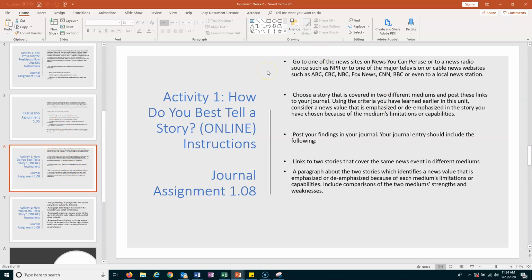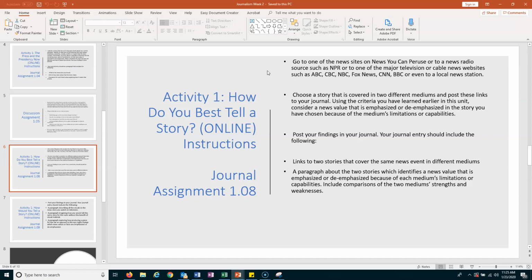You are going to go to the news sites, such as NPR for news radio, or major television and cable news websites such as ABC, NBC, any of those. You're going to choose a story that is covered in two different mediums and post the link into the journal.